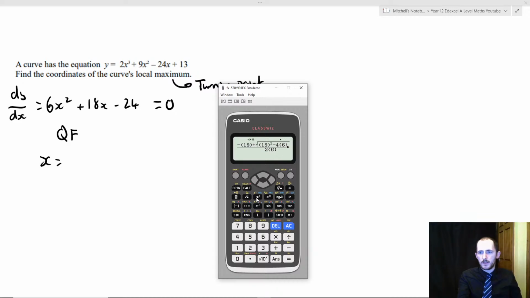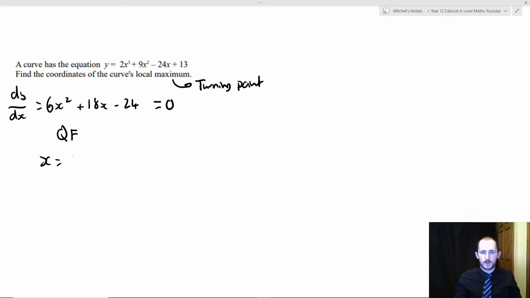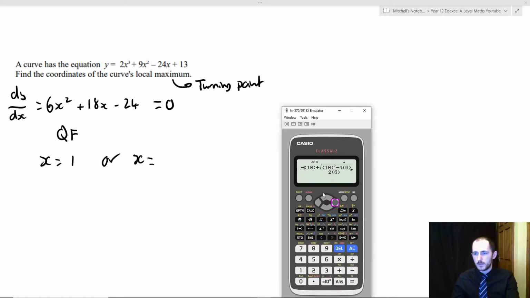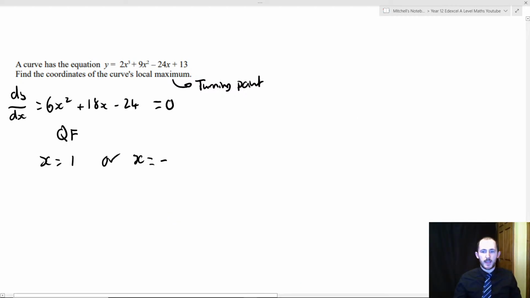Okay, so, well, that's anticlimactic. We get x equals 1, or x equals minus 4. So now the question becomes, which one of these is going to be a maxima and which one's going to be a minima?